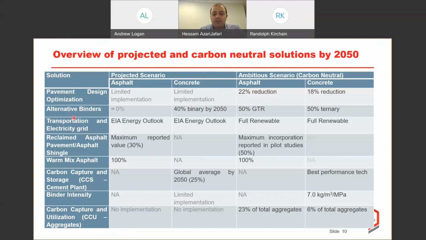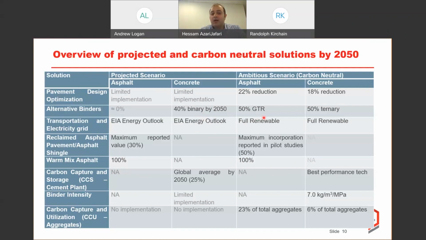The other one, alternative binders. In 2050, it was estimated around 40% binary mixture, including Portland limestone cements and other supplementary cementitious materials. But in the ambitious scenario, we can see the opportunity of including ground tire rubber, here referred to as GTR, up to 50%.